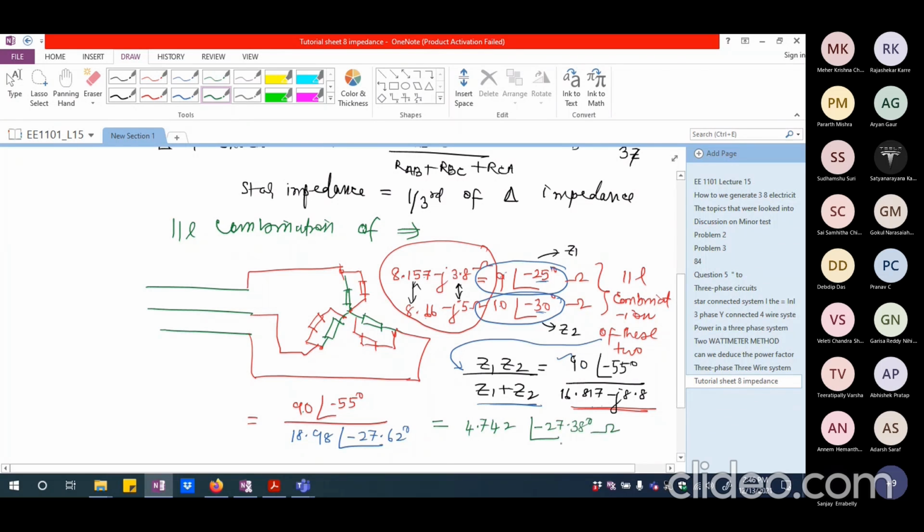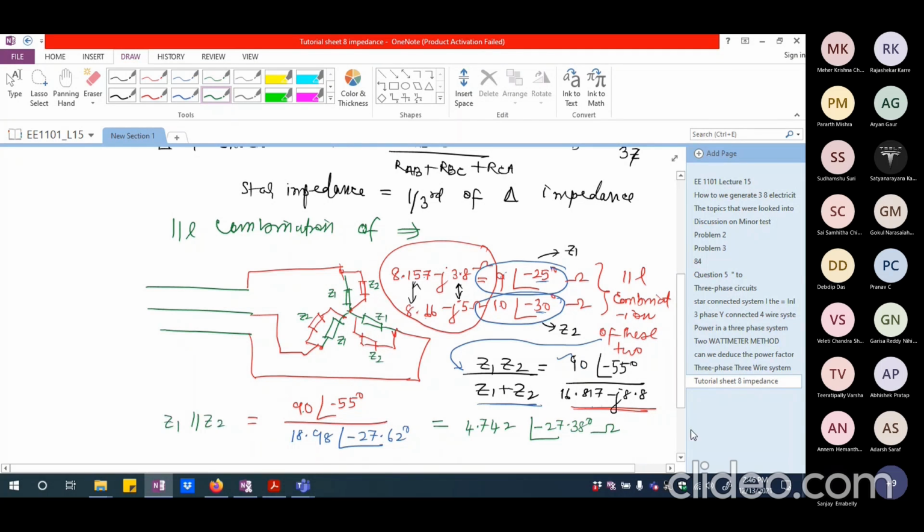This is going to be the parallel combination of Z1 and Z2. The parallel combination of these two I have found out. So this is Z1 in parallel with Z2.